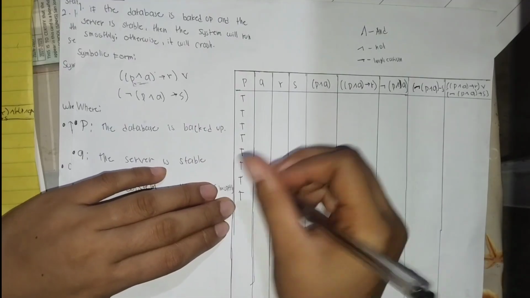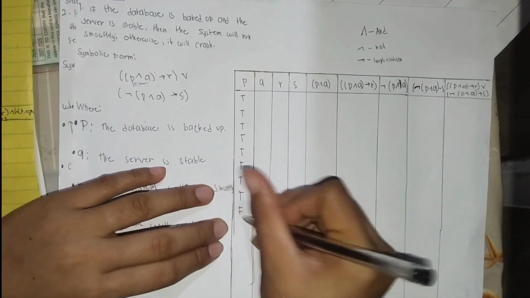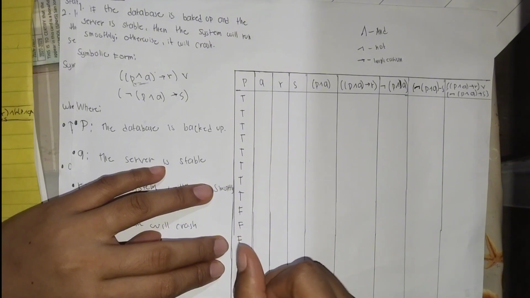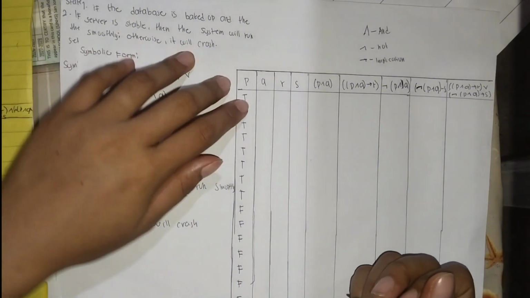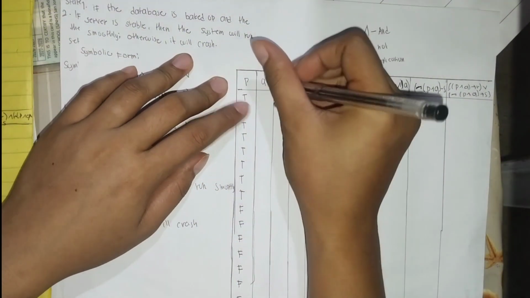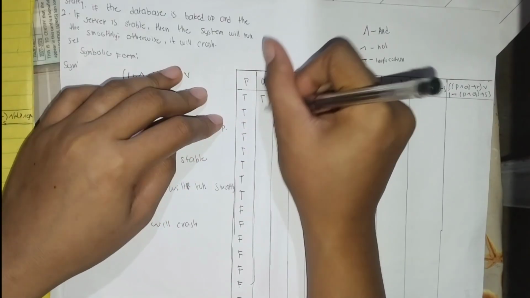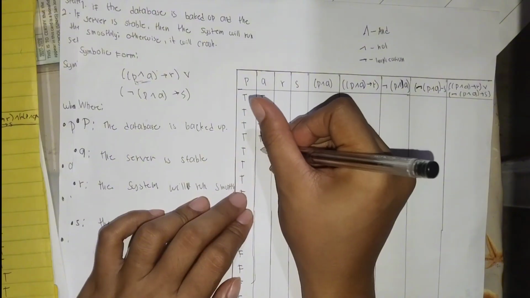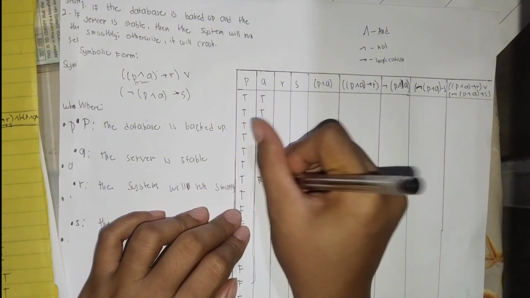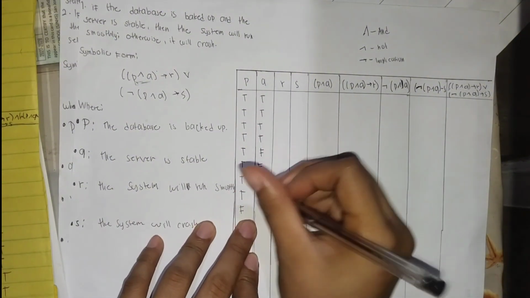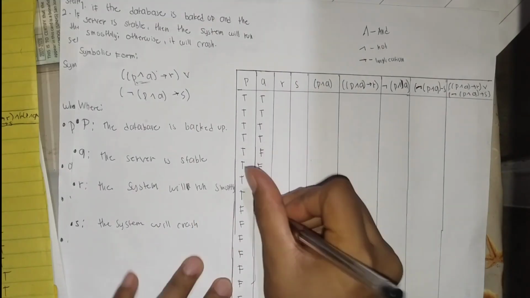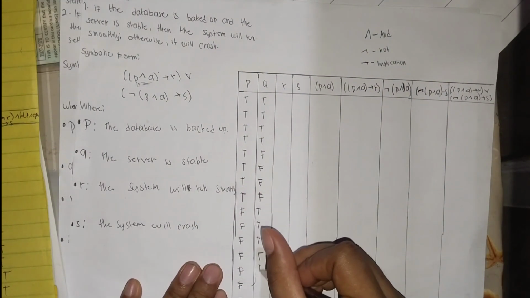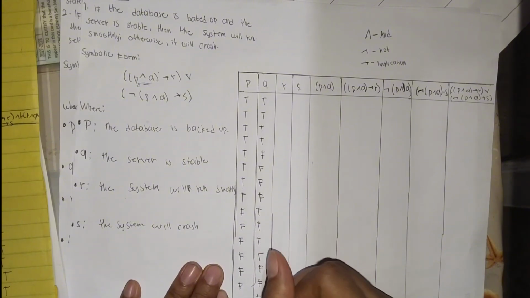Then P is false for 8 rows. Then Q is true for 4 rows, false for 4 rows, then true for 4 rows, then false for 4 rows.